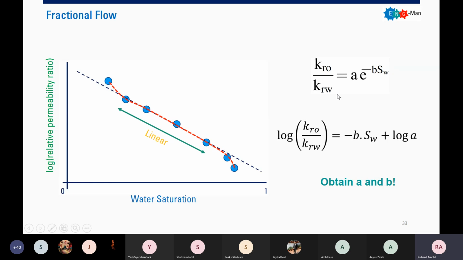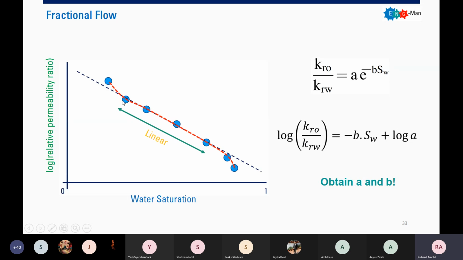We start from this one. So relative permeability ratio can be represented or can be estimated using this correlation. So A times exponential of minus B times SW. You can make a logarithmic calculation, okay, to obtain this linear relationship.